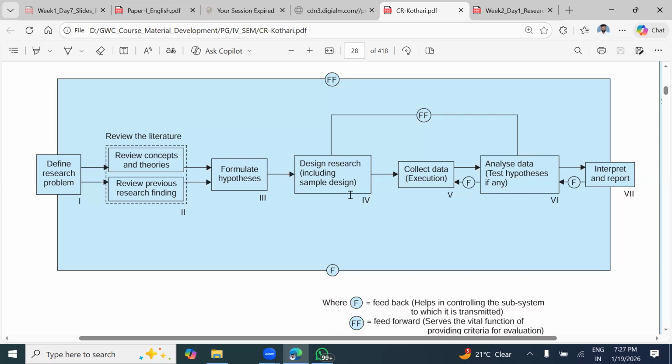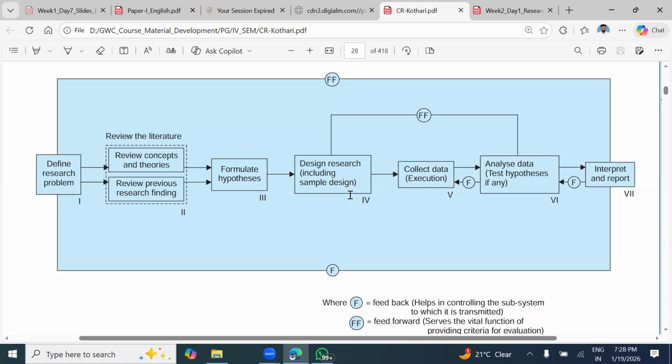Now if you don't have the research problem, and you want to do the literature review, how will you do it? It's not possible. You cannot formulate the hypothesis. You cannot design the sampling design. You cannot collect the data appropriately. You don't know what the different measurement scales are.